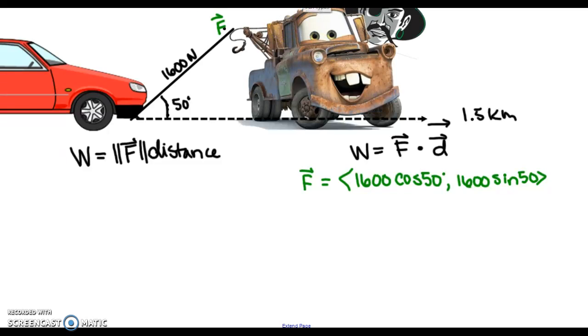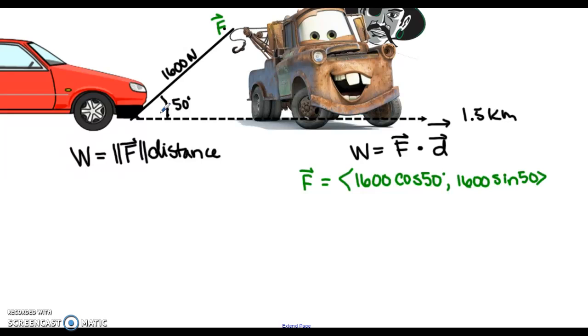So looking at that, we also want to write the vector for how far we're going down the road, because this in itself is a vector. So we've got to use the label of Newton meters. It says change to meters in our directions, and that's what we're going to do.